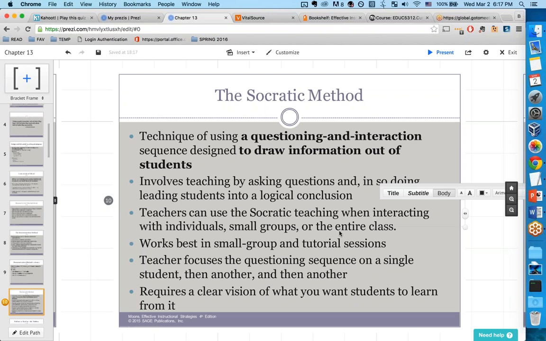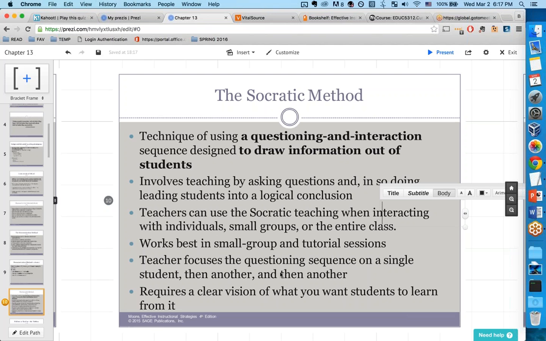This could be used in a whole class environment, small groups, or individuals, but when you use this in a small group setting, even including one-on-one sessions, this will work the best.